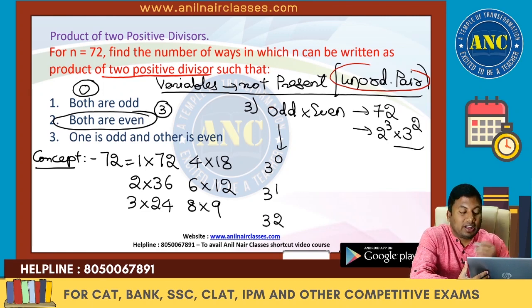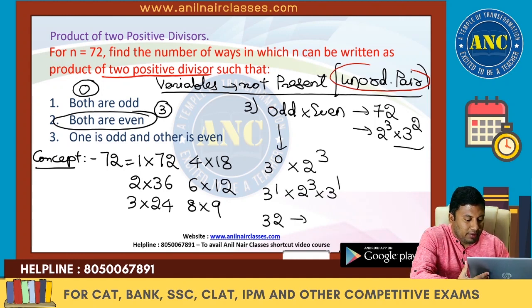Am I right? I cannot take 2 power 1 or 2 power 2 because 2 is an even number, 2 square 4 is an even number. So this can be 2 power 3, 2 cube. Are you all with me?